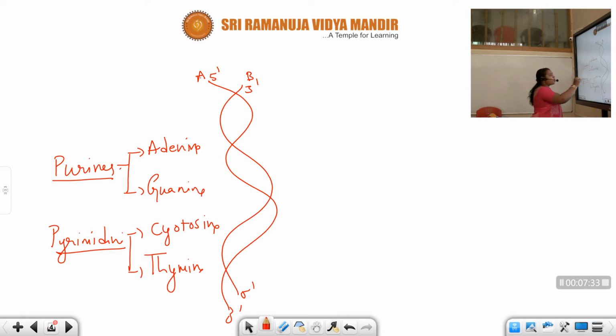Here, one purine always base pairs with the pyrimidine of the opposite strand. For example, adenine is present on one strand, so opposite to this it should pair with a pyrimidine. That is AT: adenine is always paired up with thymine.